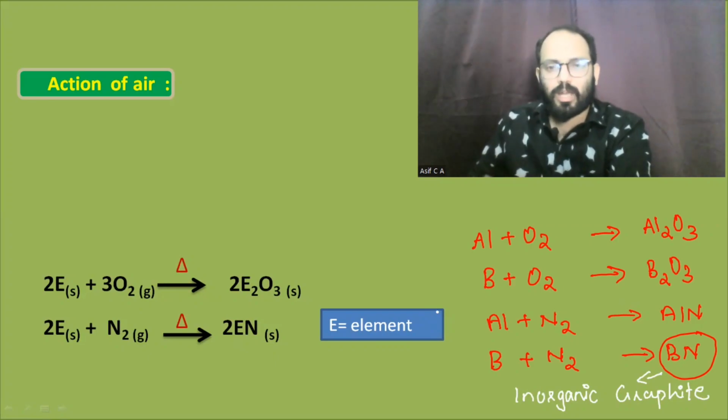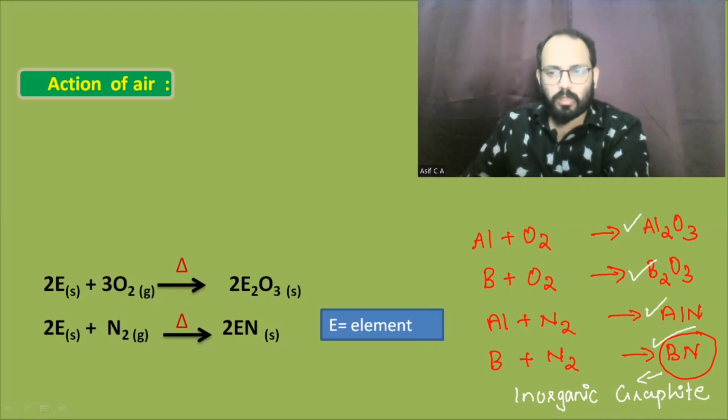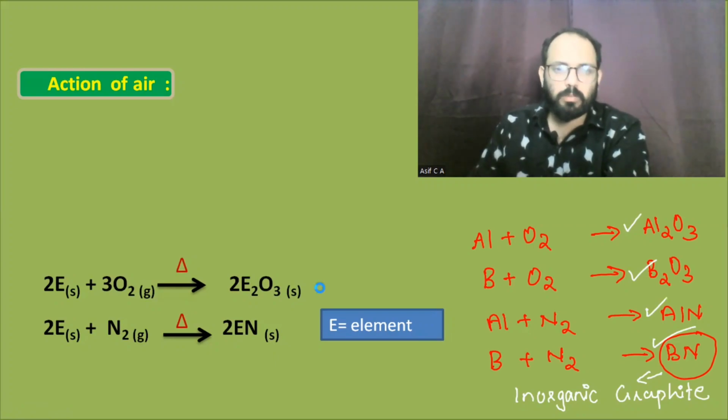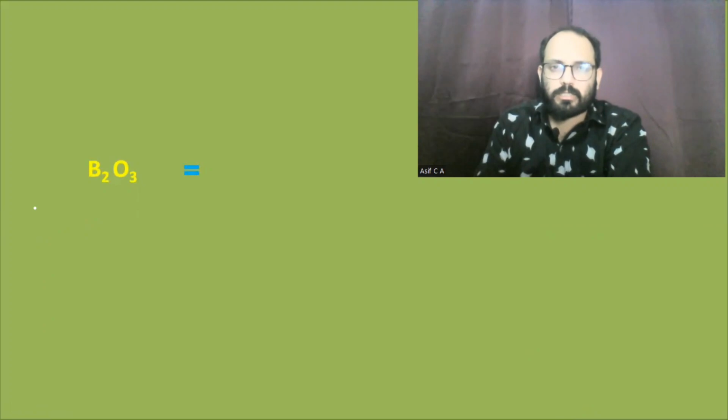So just remember, aluminum and boron react with oxygen to give aluminum oxide and boron trioxide, and react with nitrogen to give aluminum nitride and boron nitride. Boron nitride is otherwise called inorganic graphite. Just remember that.